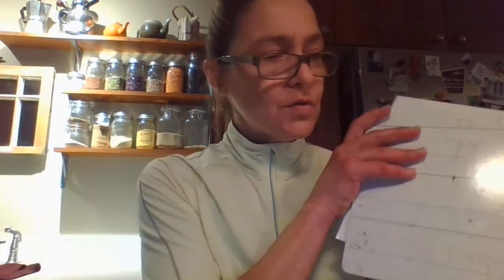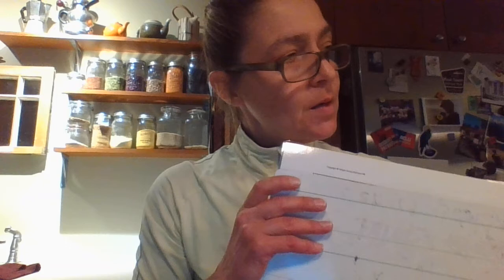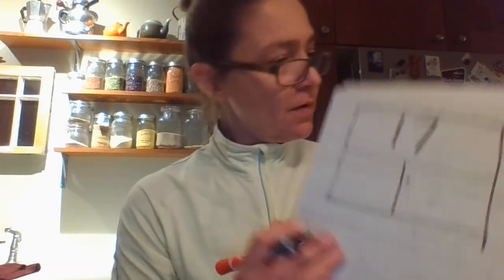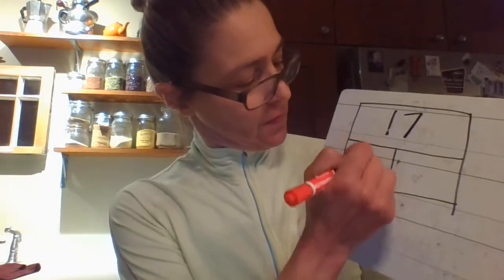Okay, and so when you solve a problem, like they give you 17 books are on a table. Okay, you're going to and there are 8 other books on the shelf.